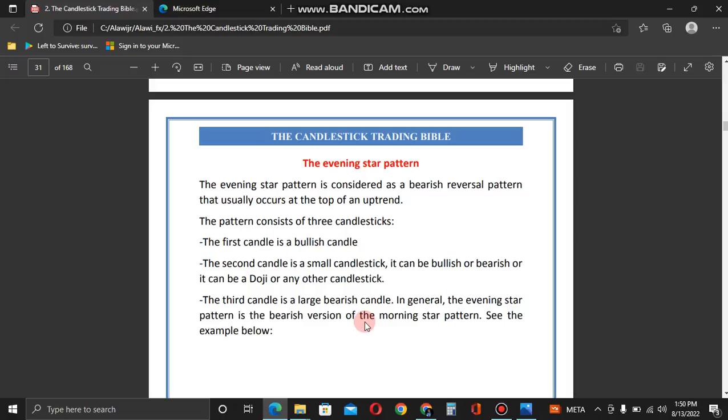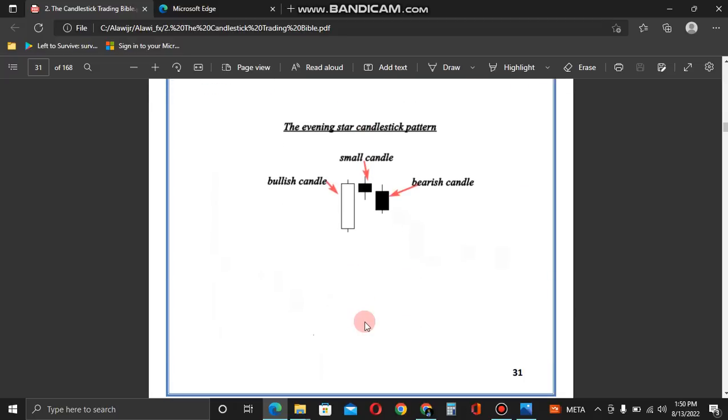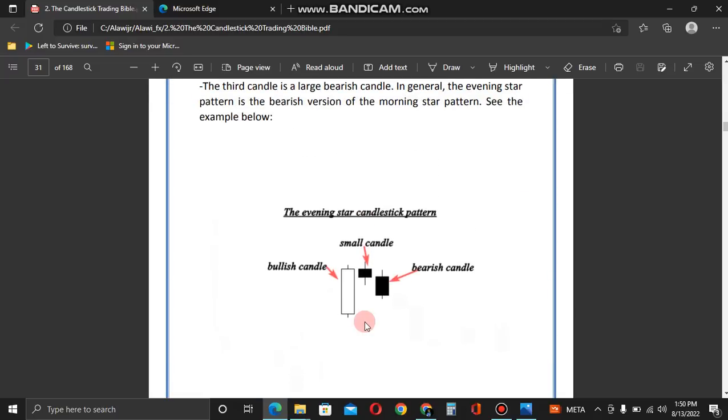The pattern consists of 3 candles. The first should be bullish, the second a small candlestick that can be bullish or bearish, and the third should be a large bearish. Sometimes it can be small. The thing to hold on to is how it looks.